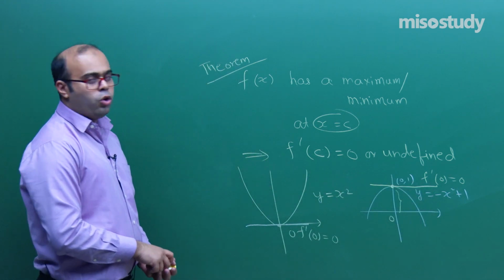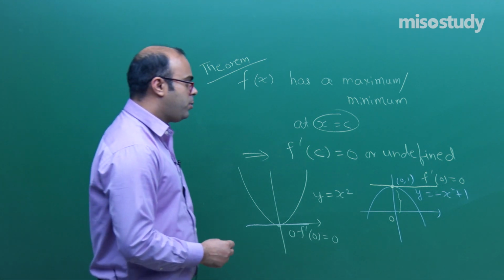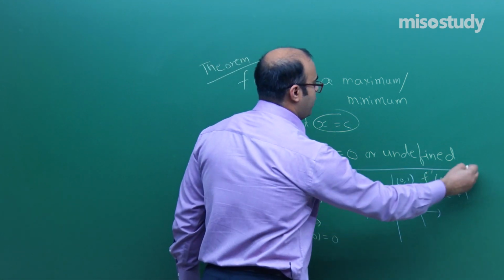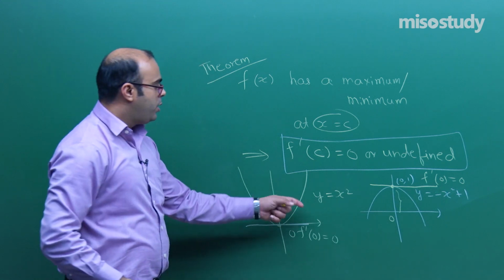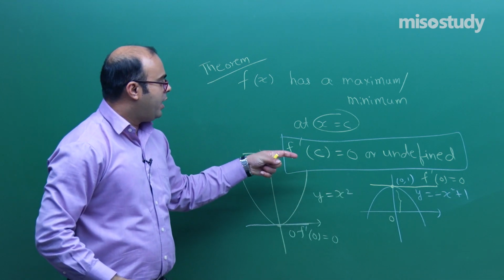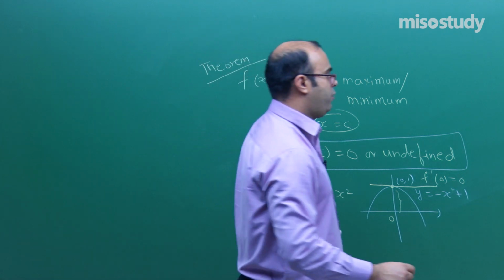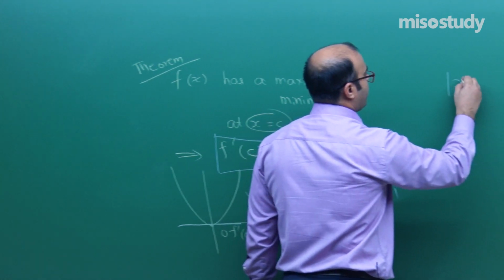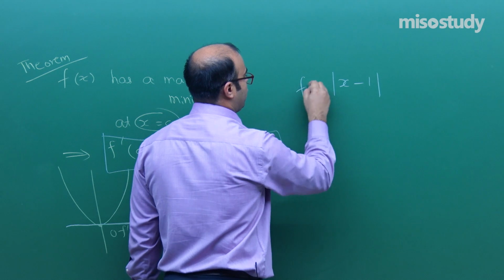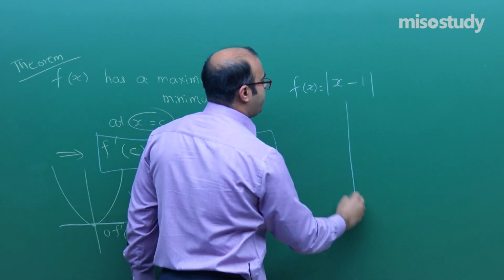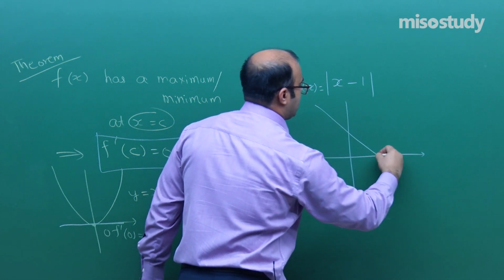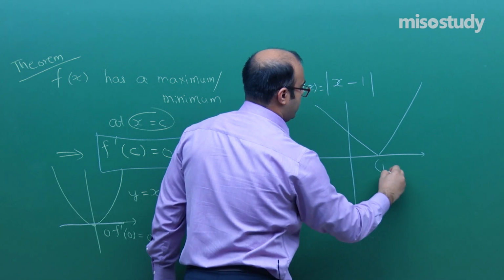So, this is not the only possibility, there can be other possibilities also, as we have studied here, that for a maxima or minima to occur, we get a result that the derivative is 0, or the derivative can also be undefined. For example, let us take the function mod of x minus 1. When we plot this function, this is a V shape, this is the point 1 comma 0.